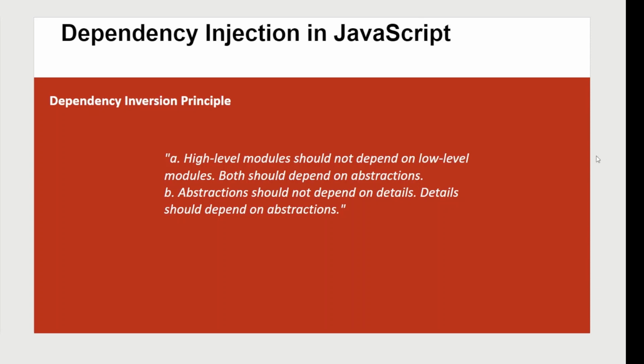Details should depend on abstractions. So the dependency inversion principle suggests that high-level modules should not depend on implementation details of low-level modules. Instead, clients provide interfaces representing contracts the servers need to implement so the client can use their work.